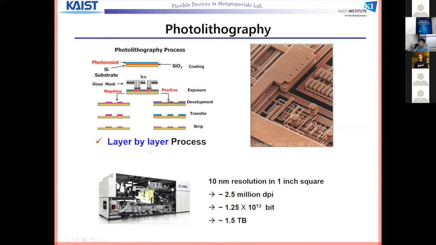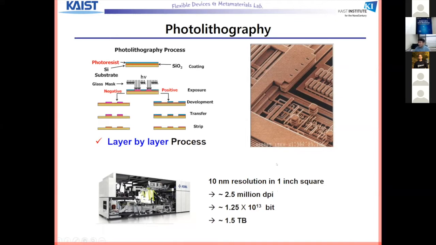That means you can put 500 points or 1000 points in one inch length. So 10 nanometer resolution in one inch actually means near 2.5 million DPI.